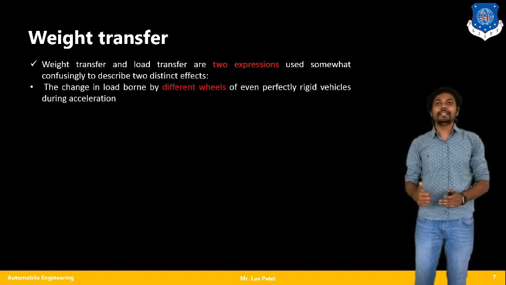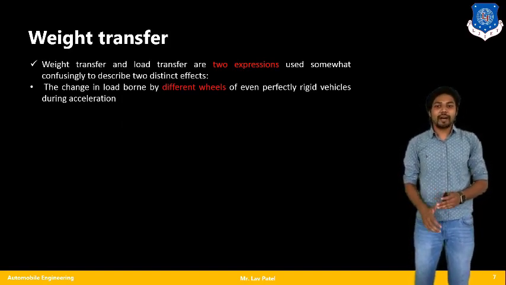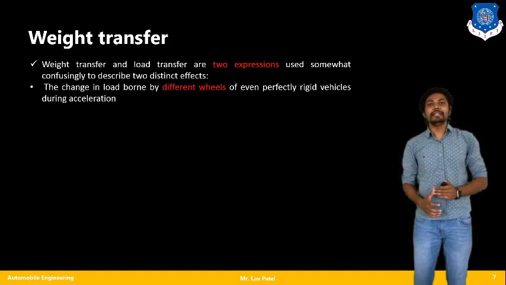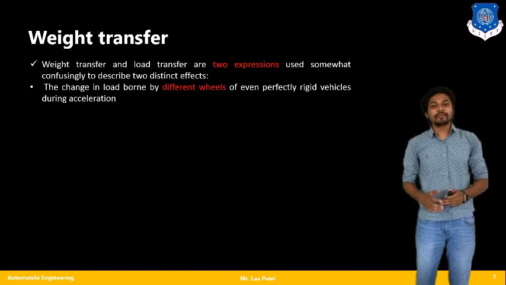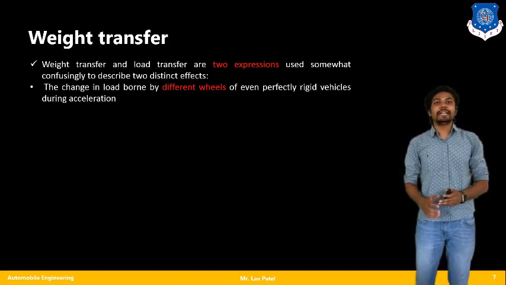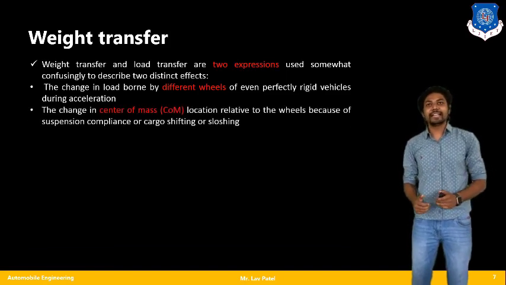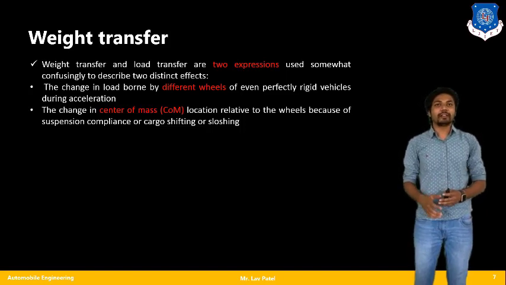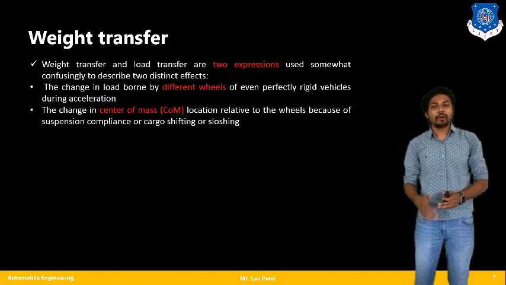The first is the change in load borne by different wheels. According to the reaction of individual wheels, the weight transfer is going to happen. That is for perfectly rigid vehicles during acceleration. So that is my first condition. The second condition is the change in center of mass, that is the center of gravity or center of mass location relative to the wheels, because of suspension compliances or cargo shifting or sloshing.